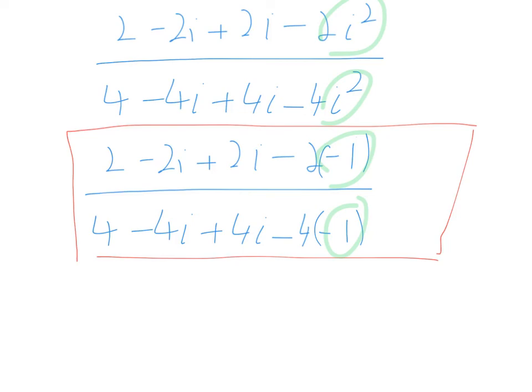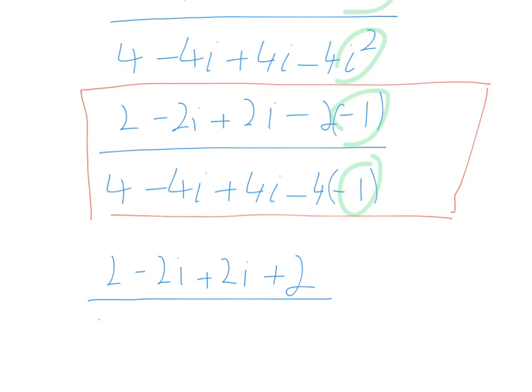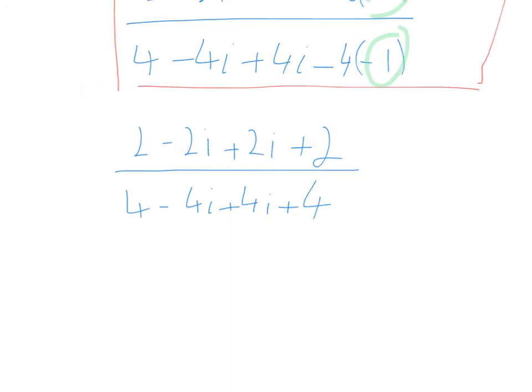We're going to then just multiply out the brackets to simplify. So the top will change to 2 minus 2i plus 2i. Then a minus times a minus is going to give us plus 2. The bottom is going to change to 4 minus 4i plus 4i. And a minus times a minus is going to give us plus 4 there.